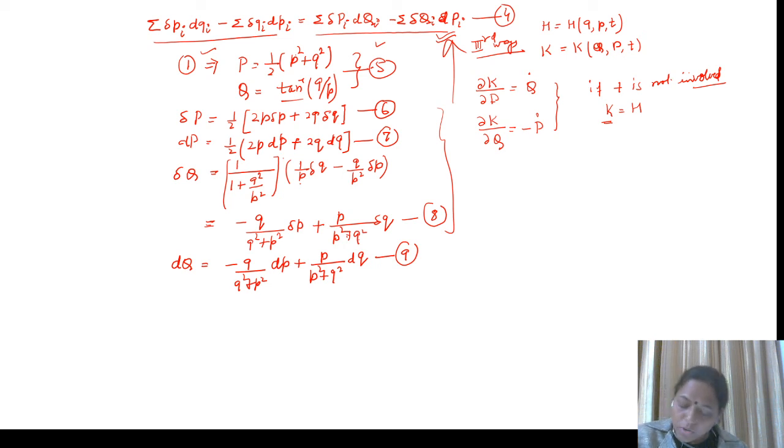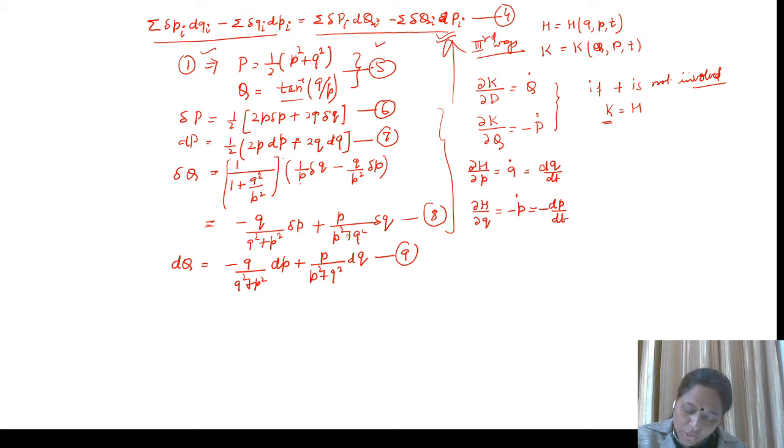So what I'll do, I'll find ∂H/∂p and ∂H/∂q. Why? Because I know that ∂H/∂p is equal to q dot and ∂H/∂q is equal to minus of p dot, right? What is this q dot? q dot may be written as dq/dt. This may be written as minus dp/dt.